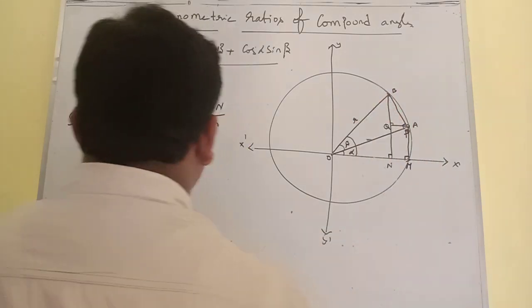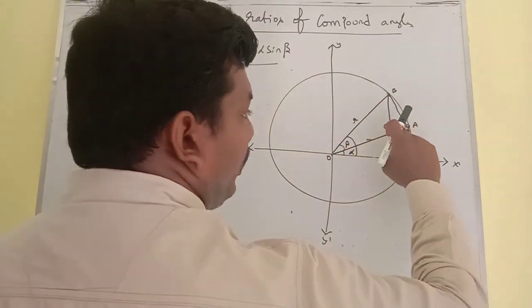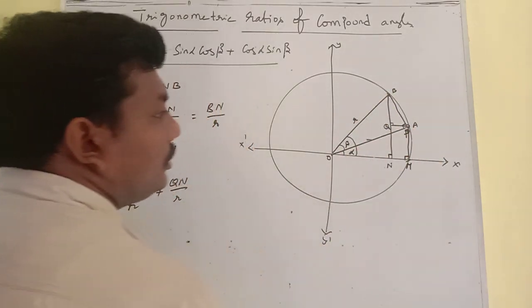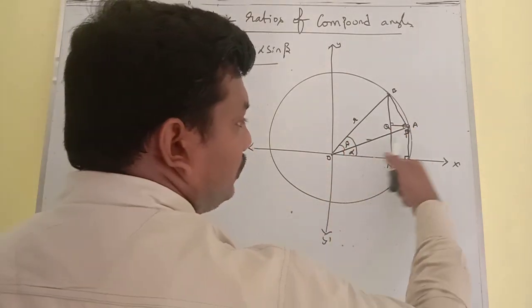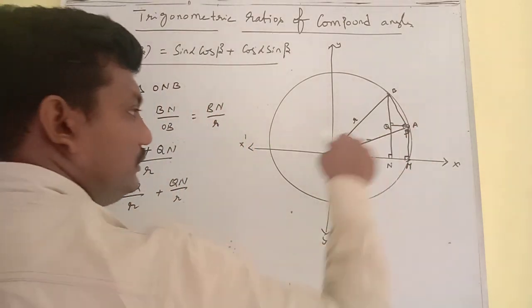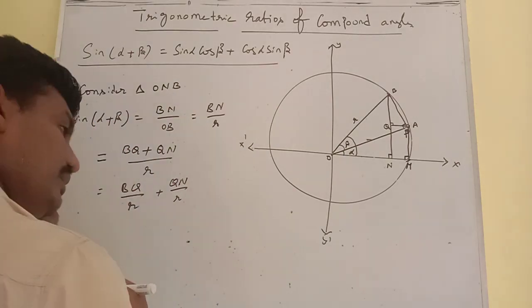For QN there is no right angle triangle, so QN is equal to PM, since perpendiculars on the same sides are equal.